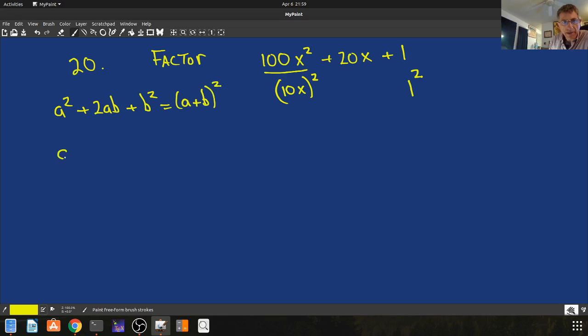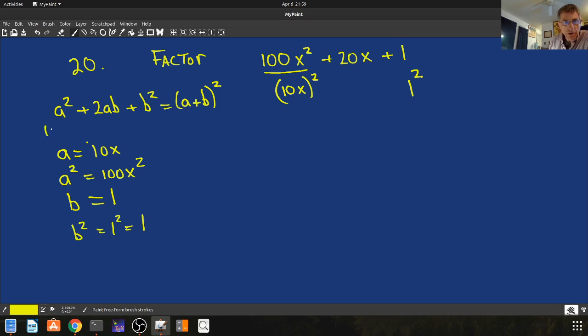So if I let my a be 10x, then a squared is equal to 100x squared. That's what I have right there. If I let my b be equal to 1, then b squared is equal to 1 squared, which is equal to 1.